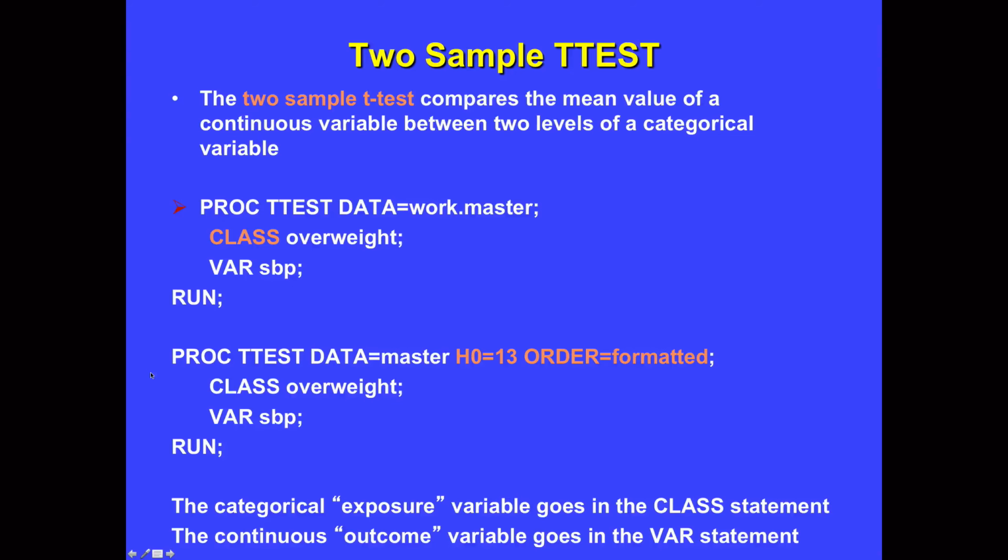There are only two possible values that a participant can have in the data set. And this next example shows the same t-test, but here we're going to instead hypothesize, instead of the default null value of 0, a value of 13. In other words, we want to know whether or not the difference in mean systolic blood pressure between normal weight and underweight individuals is equal to 13 or different than 13. And I'm also going to use an order equal formatted option in that second example.